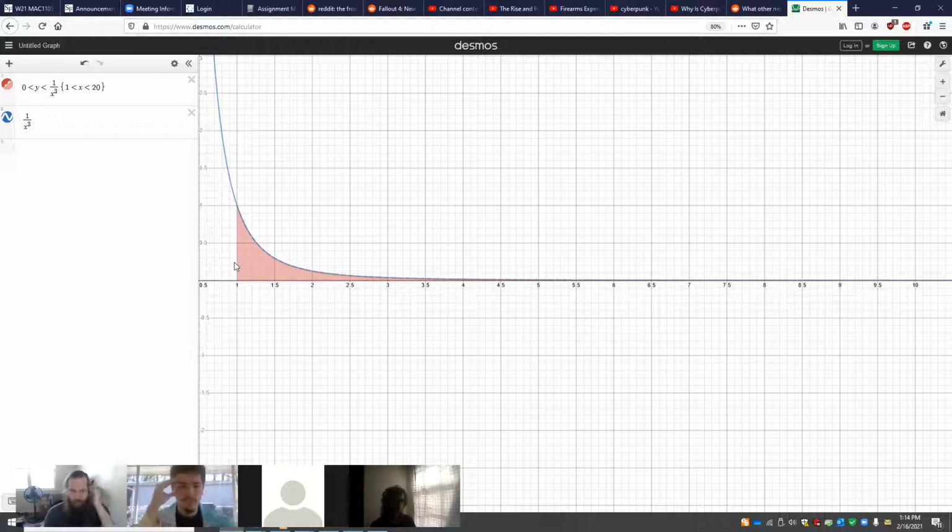The only way this can work, and you should start asking yourself, is if this curve goes to 0. And it turns out going to 0 isn't enough. It needs to go to 0 really fast. 1 over x cubed does go to 0 fast enough for this to work.